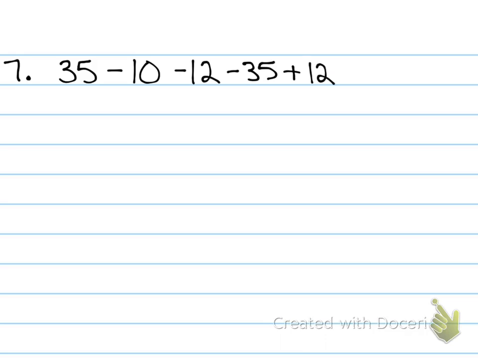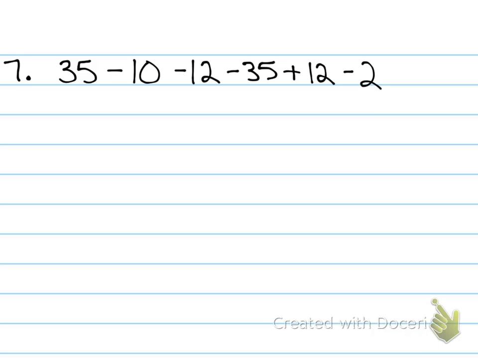Number 7. All right, so now I've got 35 minus 10 minus 12 minus 35 plus 12 minus 2. All right, try to use your properties now. Use your commutative property.